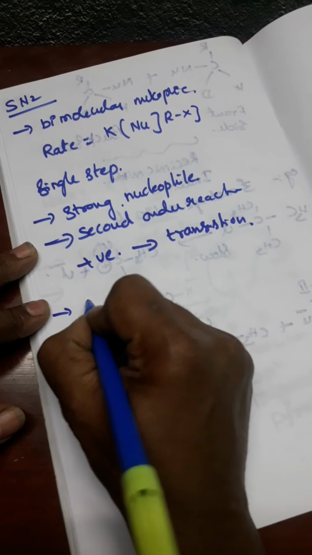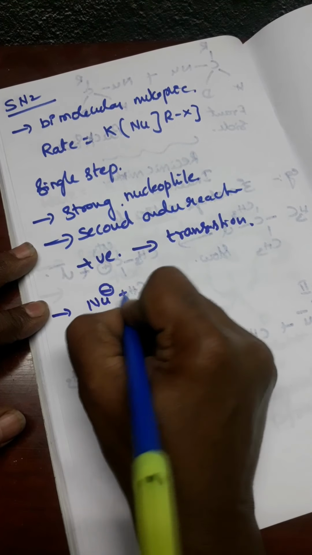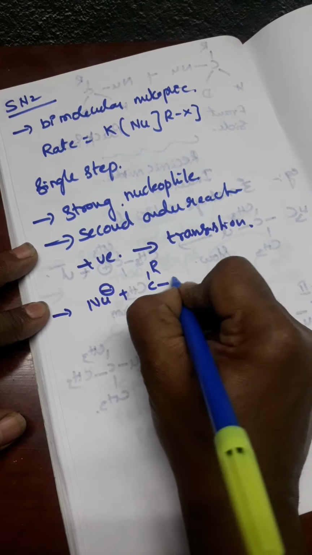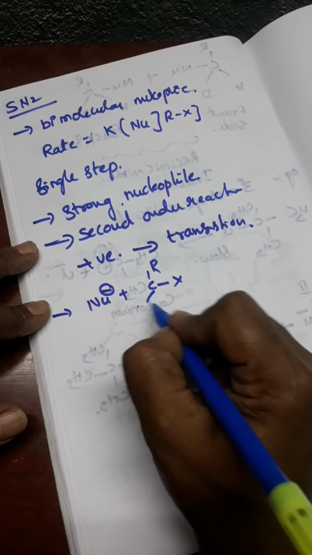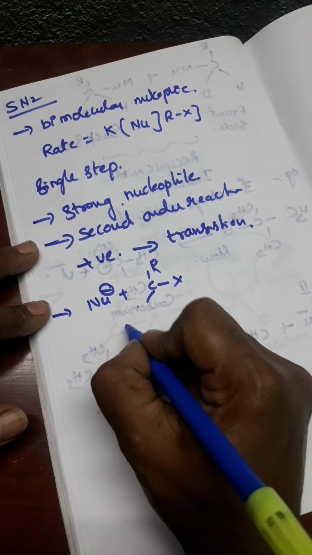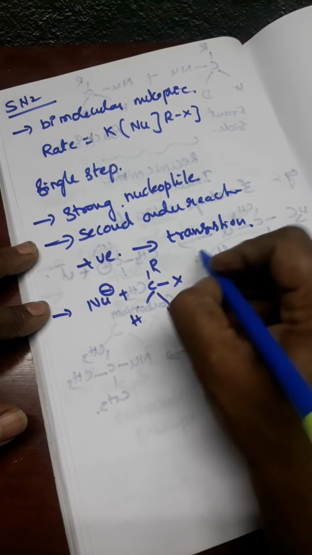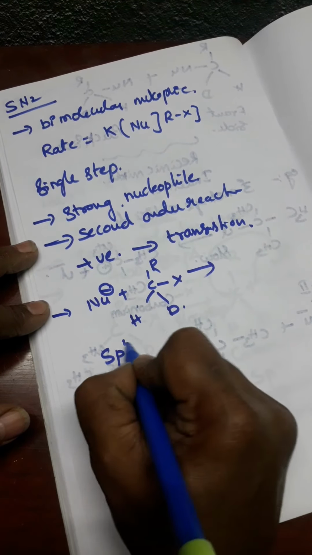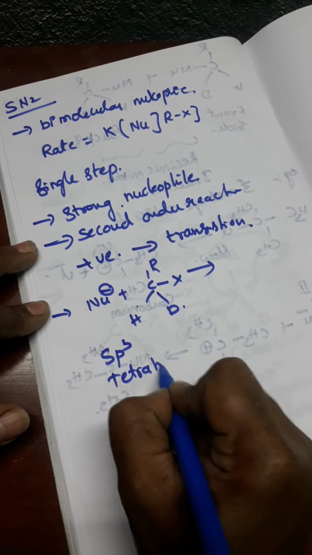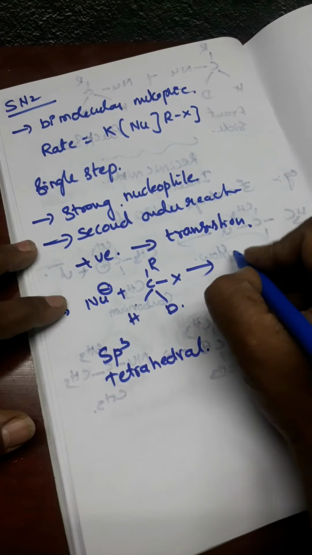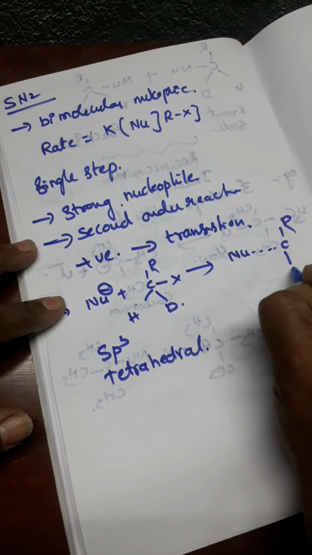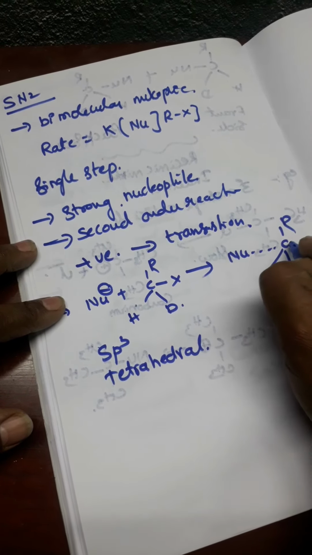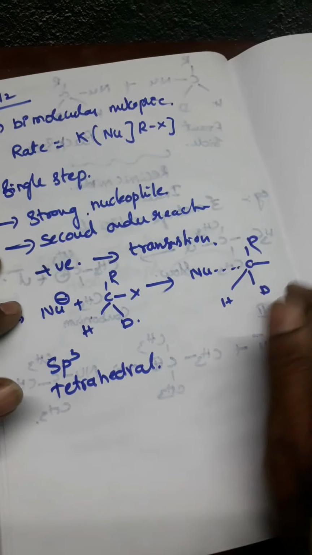Here we will take the nucleophile reacting with the same four different carbon atoms. That means like the first order, we take these products, same like that, H, D. Here also sp3 tetrahedral, same. Here the nucleophile will react, here R, and here D, here X. Four different groups on the carbon atom here we have to take.